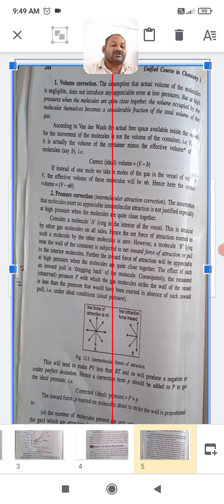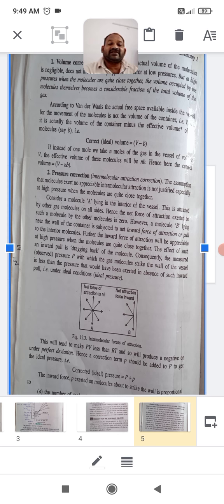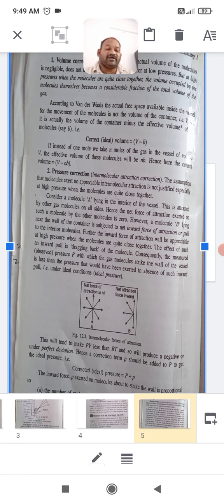Corrected volume is equal to V minus b. If instead of 1 mole we take n moles of the gas in the vessel of volume V, the effective volume of these molecules will be nb. Hence the correct volume is equal to V minus nb.